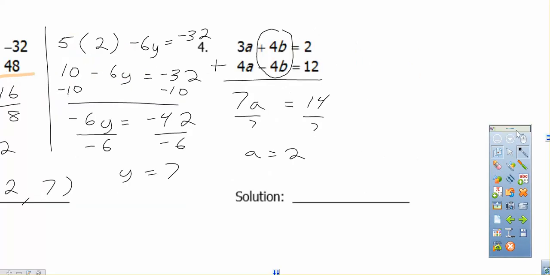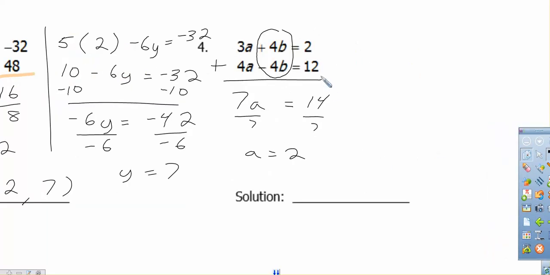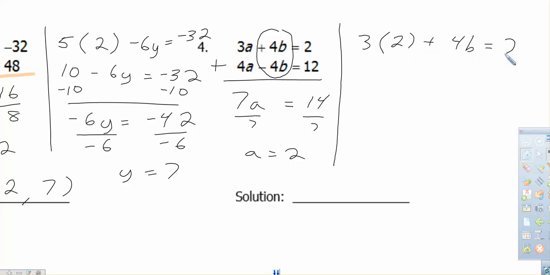Okay. Now, taking that and plugging it back into the first equation, there are two big steps here. We're going to have 3 times 2 plus 4 times b equals 2. That is 6. 6 plus 4b equals 2.